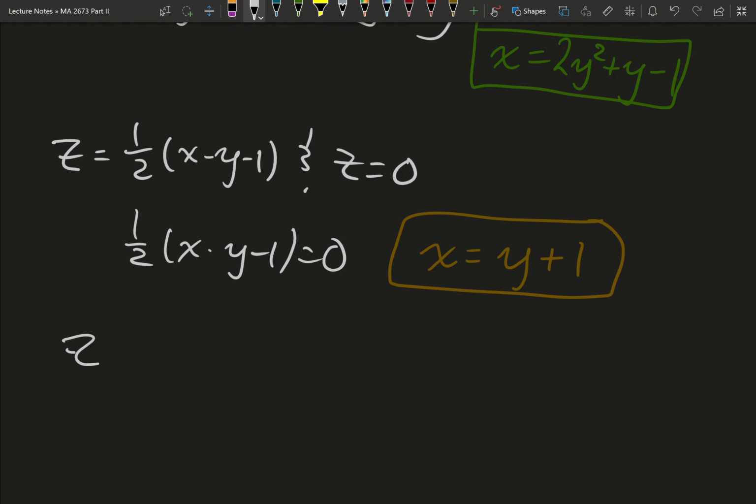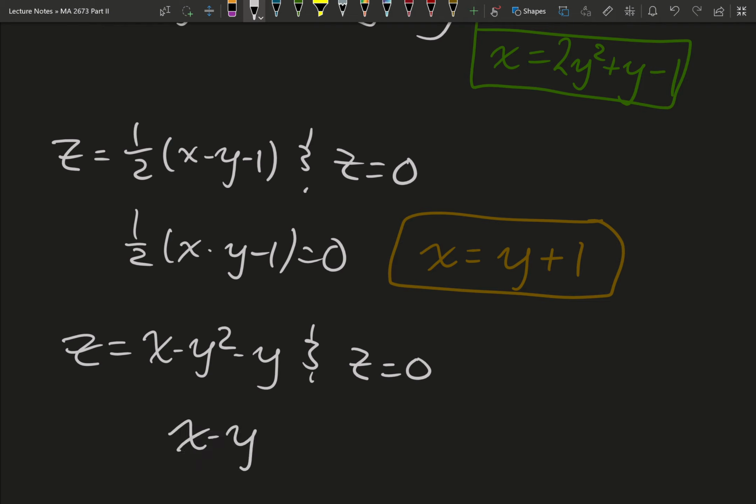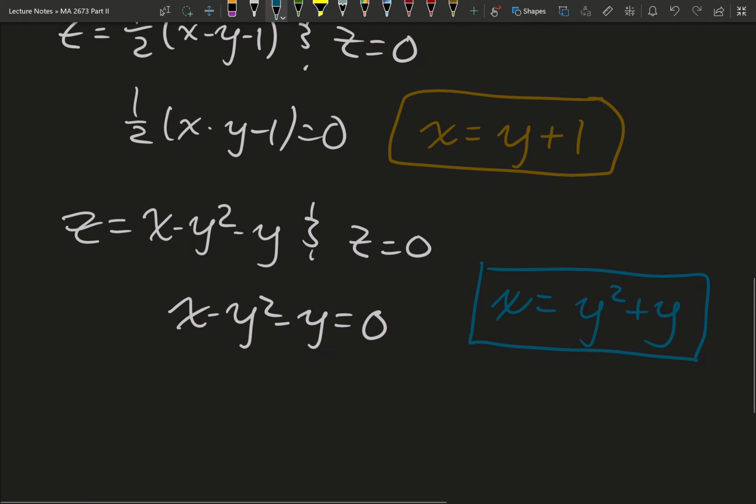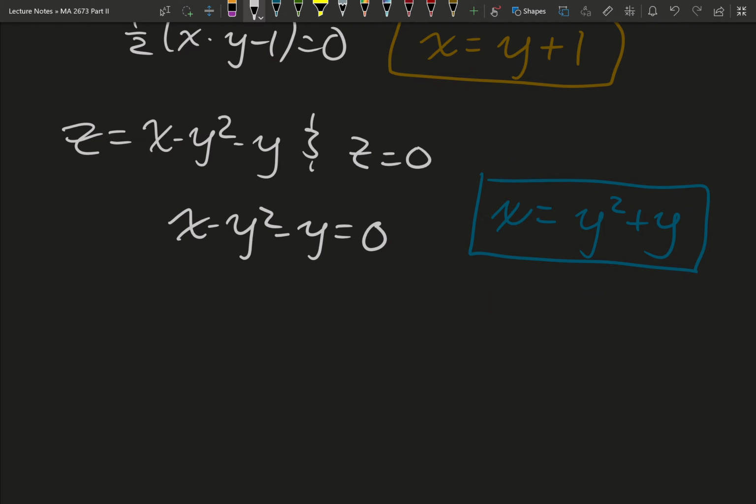And lastly, we have z equals x minus y squared minus 1 minus y, and z equals 0. And that is going to give us the curve x equals y squared plus y. Okay.